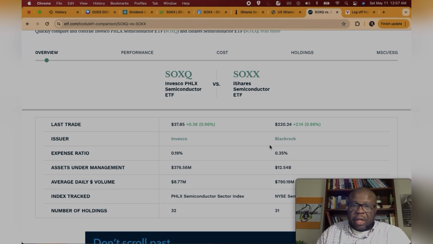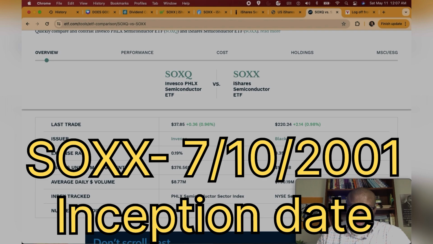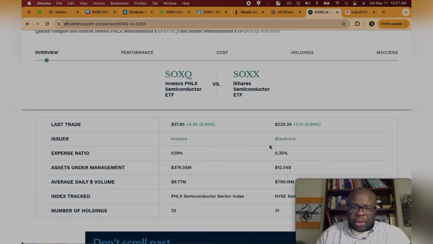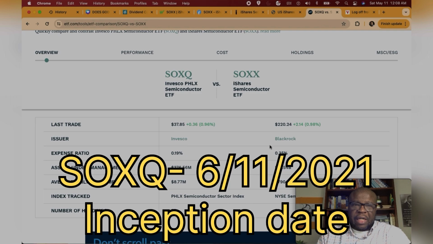expense. The inception date for SOXX is July 10th, 2001. It's not here on this chart. But the inception date for SOXQ is June 11th, 2021.